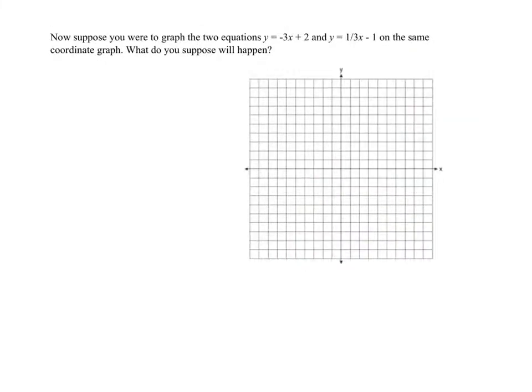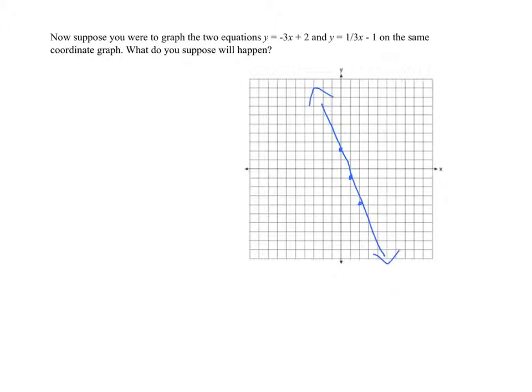Now let's graph these two lines on the same set of coordinates, and let's see if we can figure out what's going to happen now. This time we have y equals negative 3x plus 2 and y equals 1/3 x minus 1. So we're going to start at 2, then we're going to go down 3 to the right 1, because this is a decreasing slope. We're going to draw this line through here.